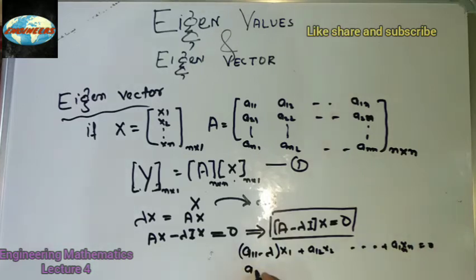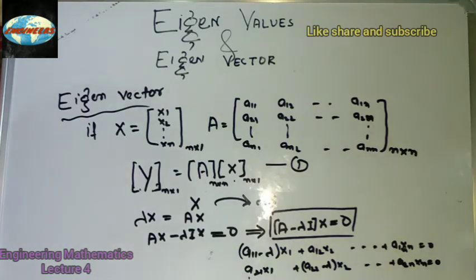One more will be a21 x1 plus (a22 minus lambda) x2, and so on, plus a2n xn is equal to 0, and the same for the other equations. So this is representing these equations.